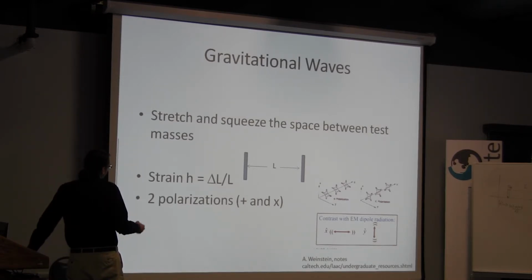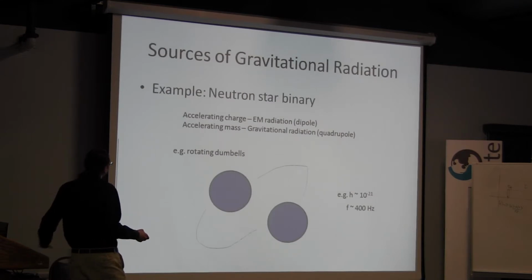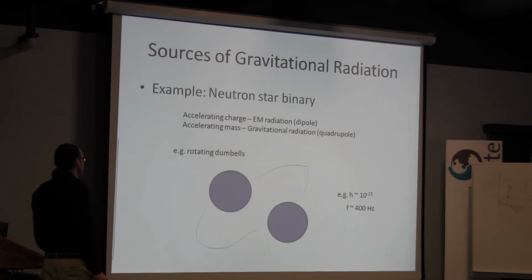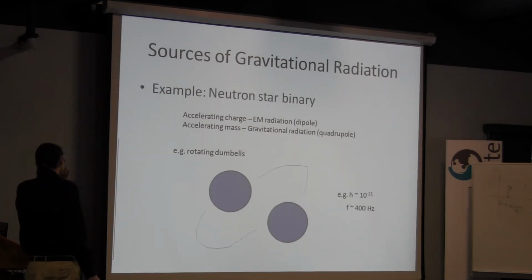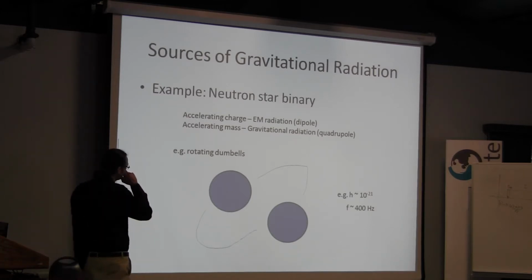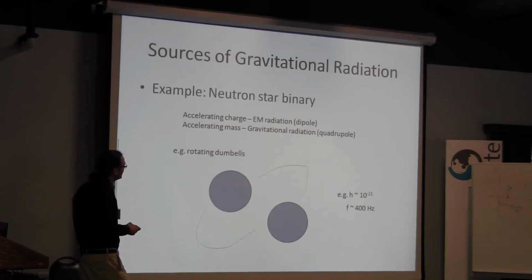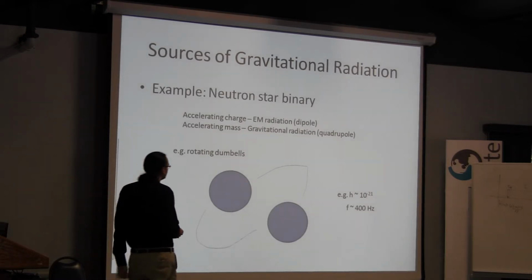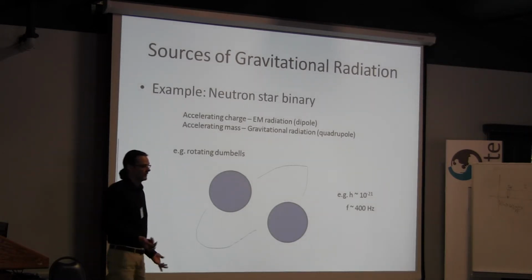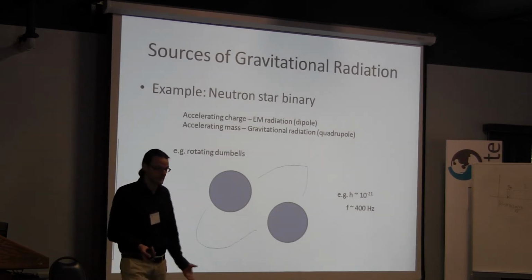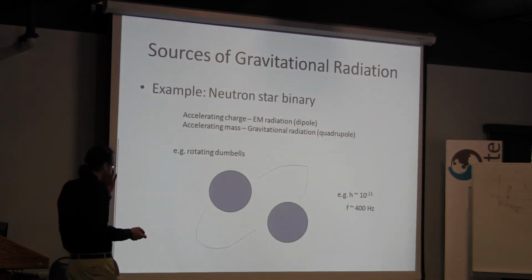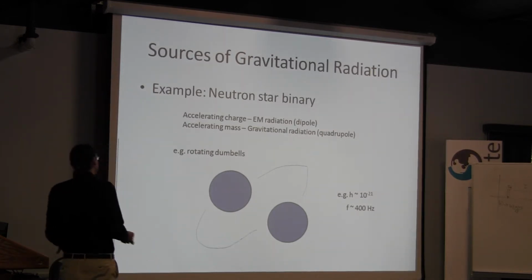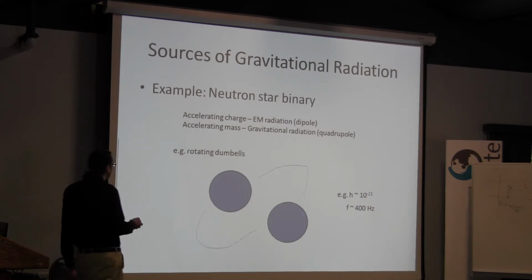The sources for these kinds of waves have to do with accelerating mass, essentially. Just as a typical example, think of a neutron star binary. We all know for E&M, if you have a charge that accelerates, it's going to radiate electromagnetic radiation. In this case, if I have an accelerated mass, I'm going to get gravitational radiation.